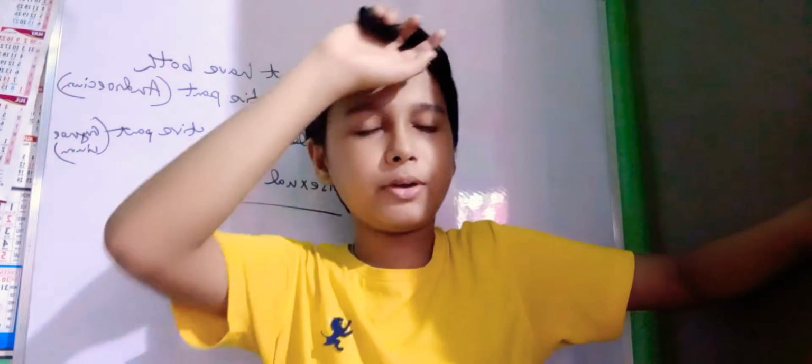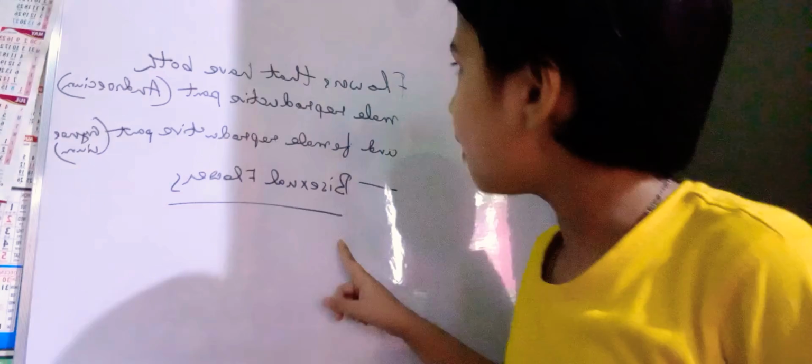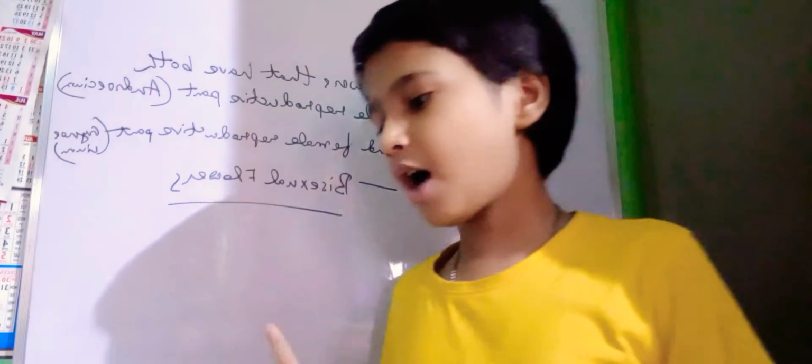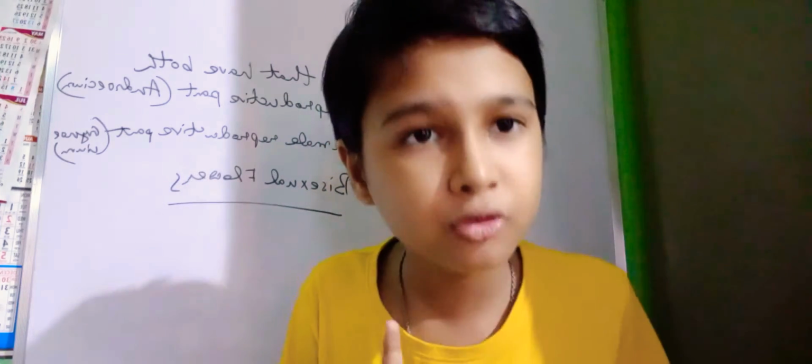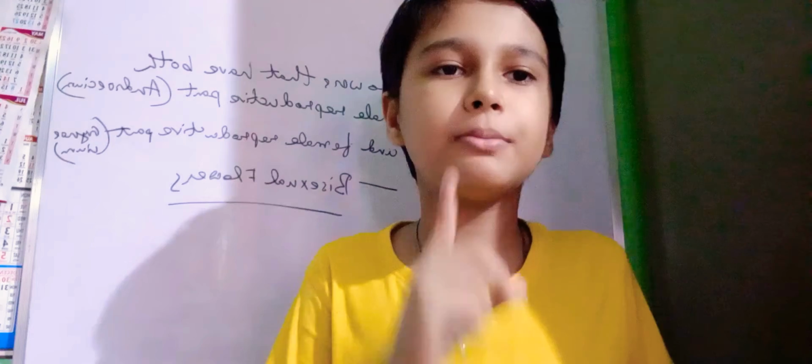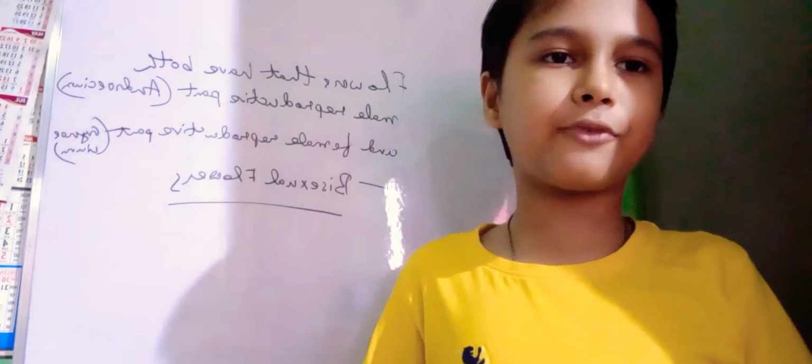So the flowers that have both these androecium or male reproductive part and gynoecium or the female reproductive part are known as bisexual flowers. The flowers in which both these two parts are found are known as bisexual flowers.